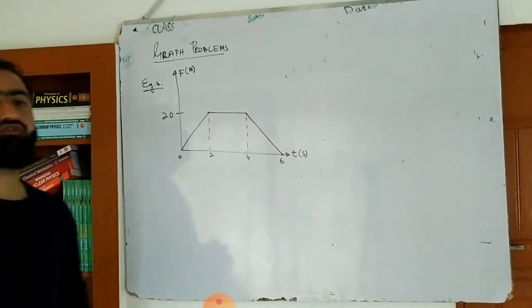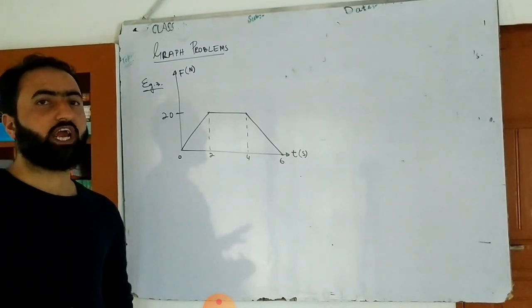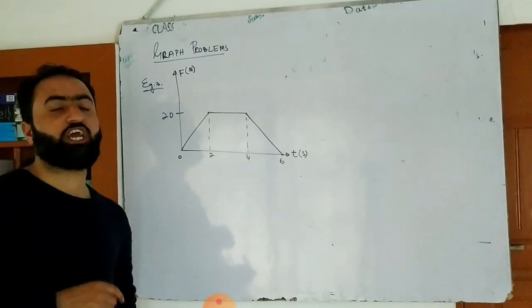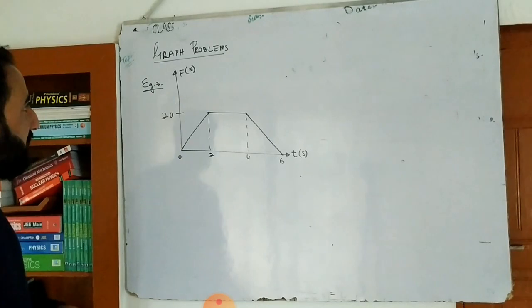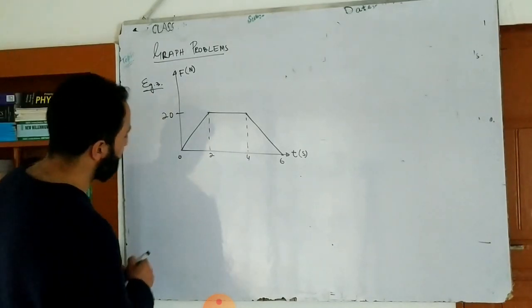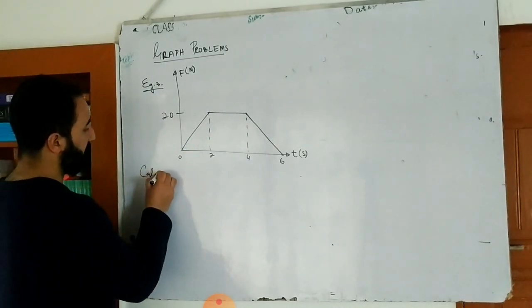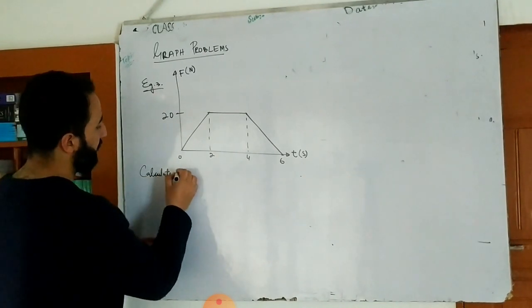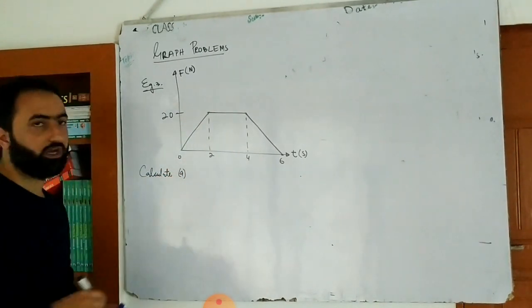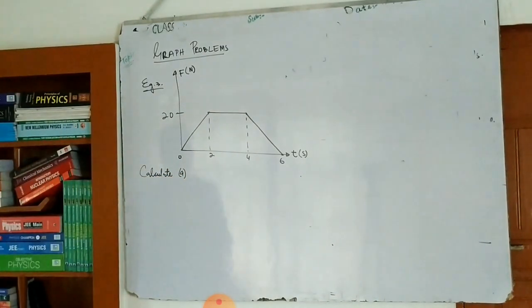If, for example, you are supposed to calculate the instantaneous force, you can do that, in a similar fashion as you have calculated the instantaneous momentum. But what we will calculate here is this. So here I will write down, calculate A part. Now pay attention, calculate A part.